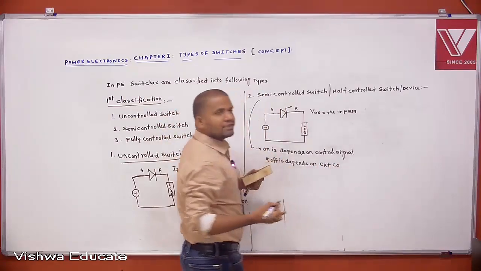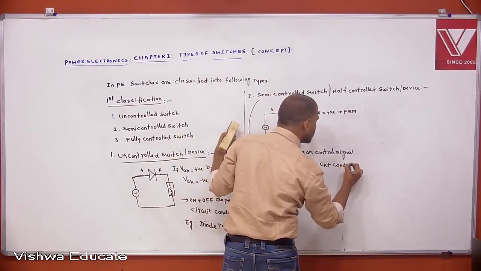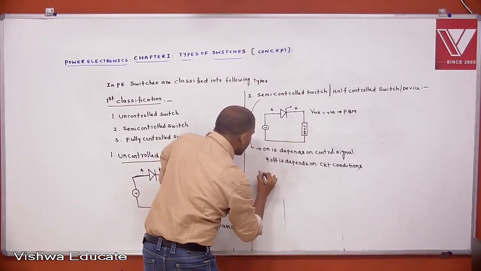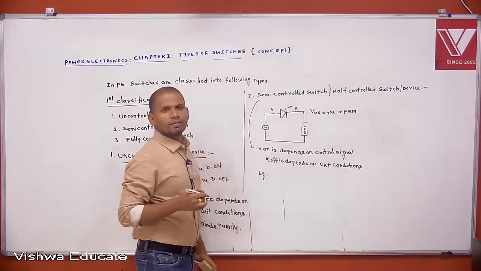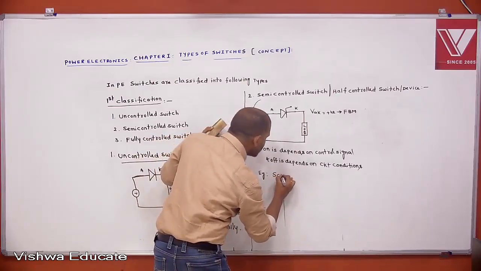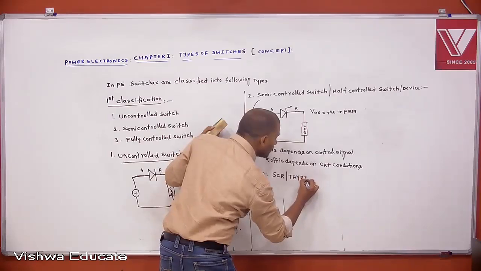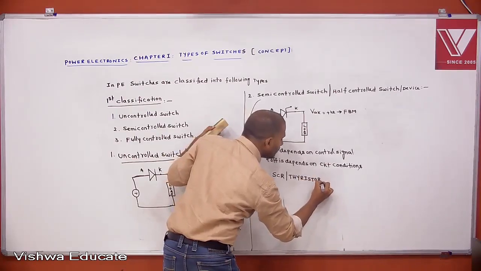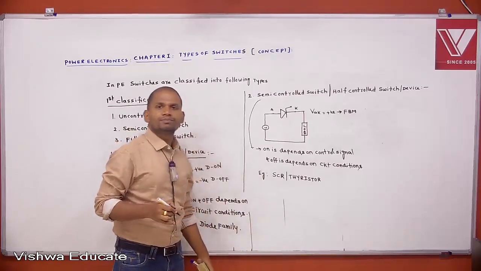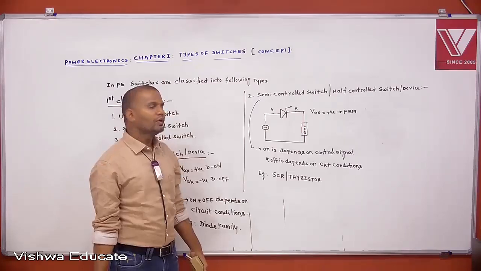Here circuit conditions means both supply and load conditions. Then what is the example of a semi-controlled switch? The example is the SCR, also called thyristor. Many other semi-controlled devices also exist. This is one example. SCR or thyristor is the semi-controlled device or half controlled device.